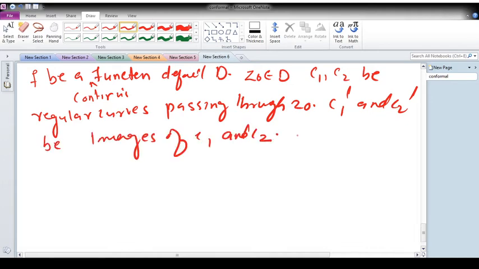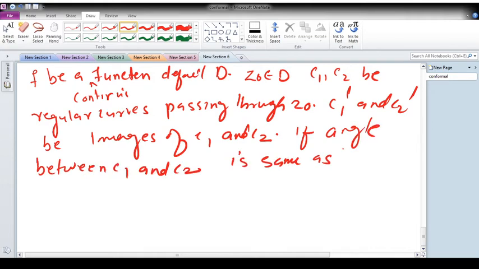If the angle between C1 and C2 is the same as the angle between C1 dash and C2 dash, then we can say f is said to be a conformal mapping.